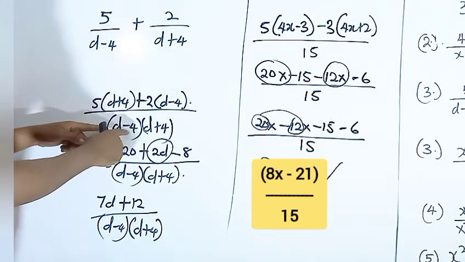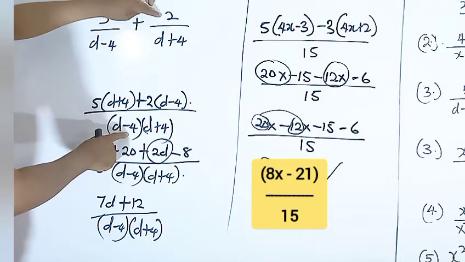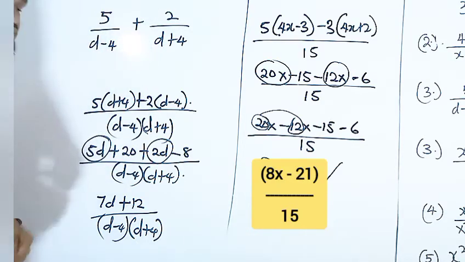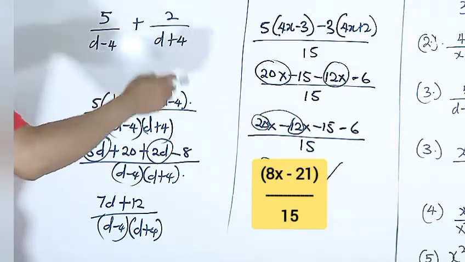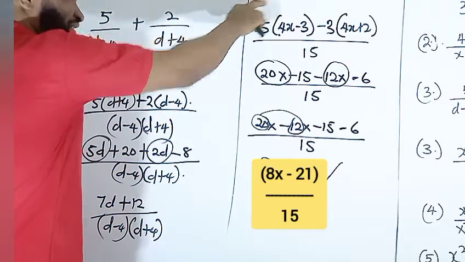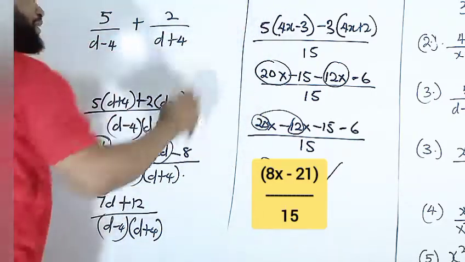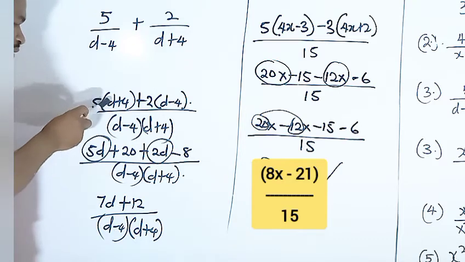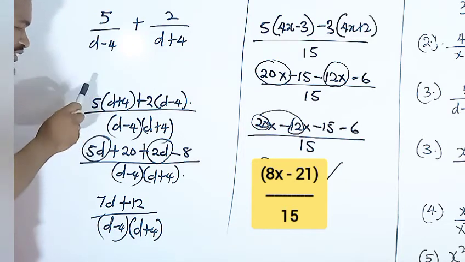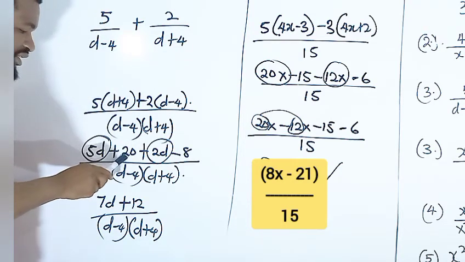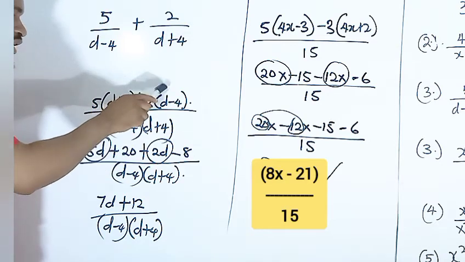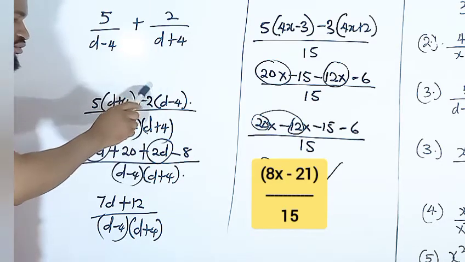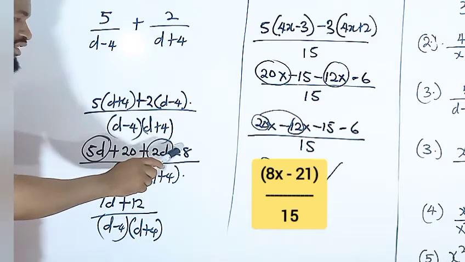I will be left with D minus 4. And D minus 4 times 2 is going to be this. Now, I will still apply BODMAS. So this multiplied by this is 5d. This multiplied by this is 20. Then 2 multiplied by d is 2d. And 2 multiplied by minus 4 is minus 8.